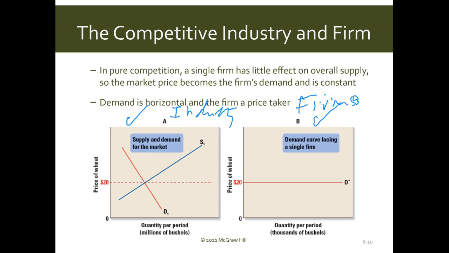So first, let me explain why in the second diagram, that is the right-hand side firm diagram, I have drawn a horizontal demand curve. You can see it's a horizontal demand curve at $20. What is the meaning of this? Let me explain first, and then I'll move on to the next slide.